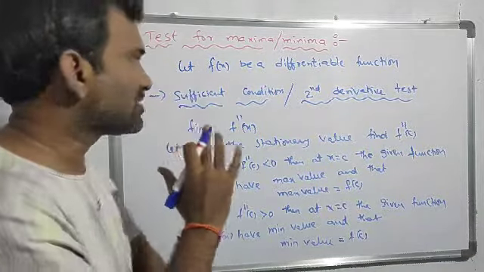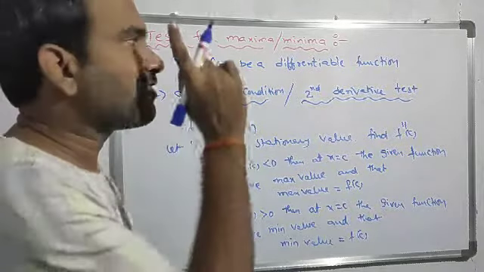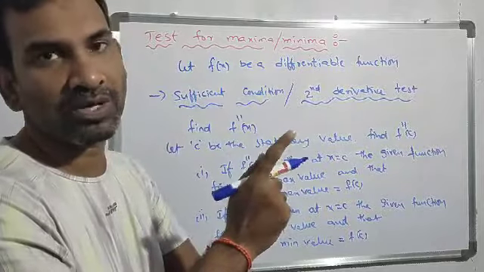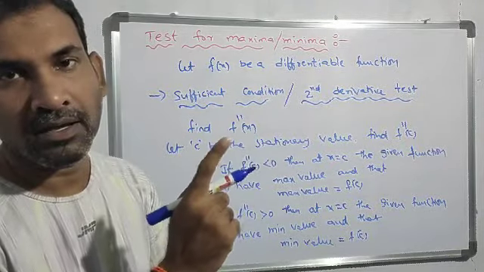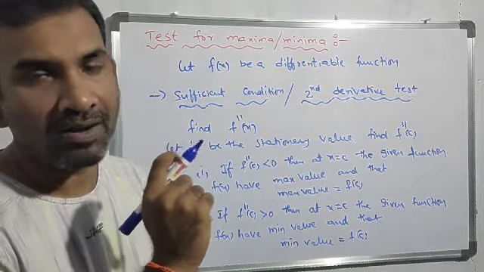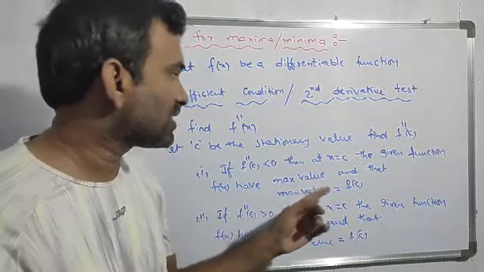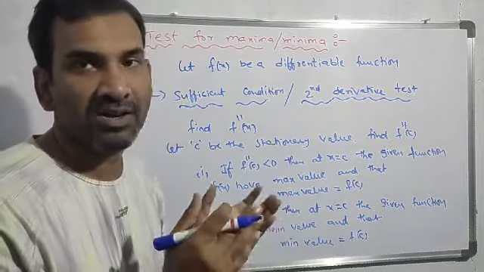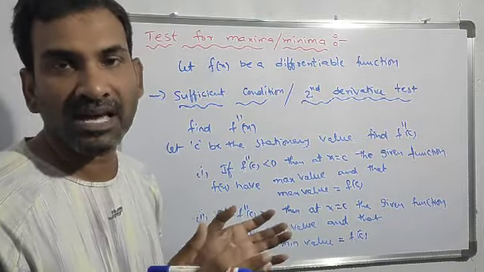So this is the main concept. Whatever it may be, we have to take the first derivative test and second derivative test. From the first derivative test, we find the stationary value or local value or turning value. Here they are called stationary points, local points or turning points. In different textbooks different names are mentioned.